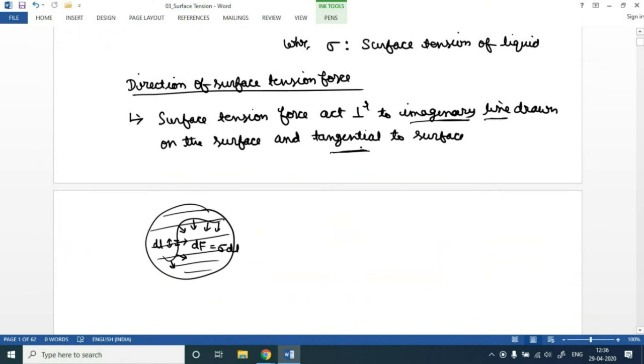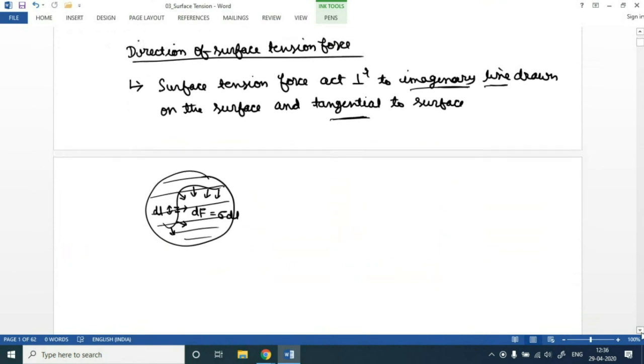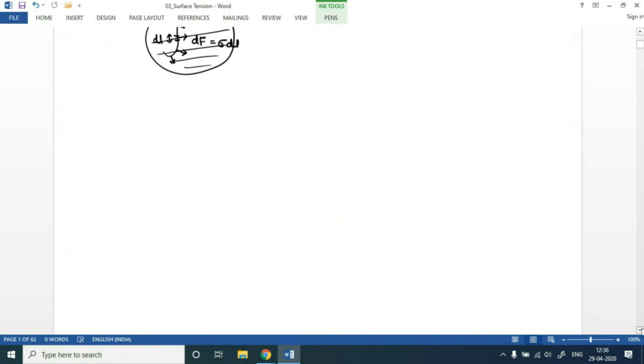We have looked into the direction of the surface tension force, and since F is equal to sigma into L, sigma is a mechanical property of a fluid. Let's look more into this physical quantity, the surface tension of a liquid.